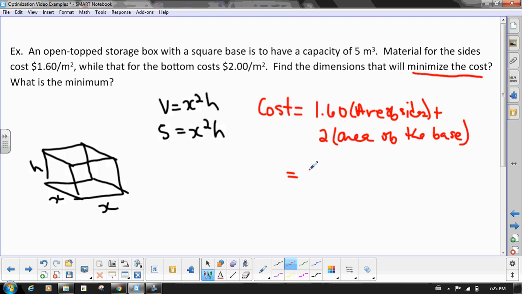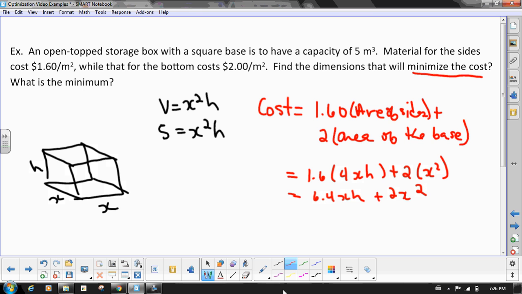So I'm going to have 1.6 times 4 sides, and they're all xh because of the square base. And I have plus $2 times x squared, and I'm not including the top. So then this ends up giving me 6.4xh plus 2x squared. So the same problem we always have: I have 2 variables. The easiest variable to isolate for is h, which gives me 5 over x squared.